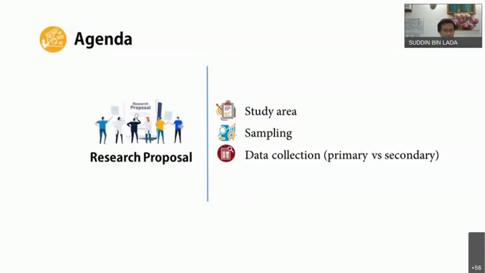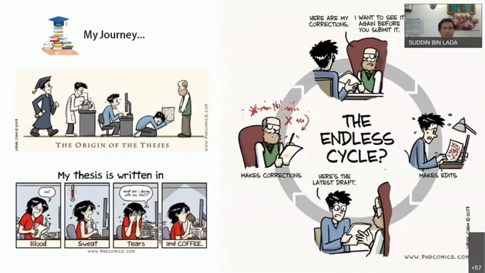Okay. So before we start, I would like to actually share with you 2 slides, just a picture, your journey. I call it as my journey to PhD or master thesis writing.